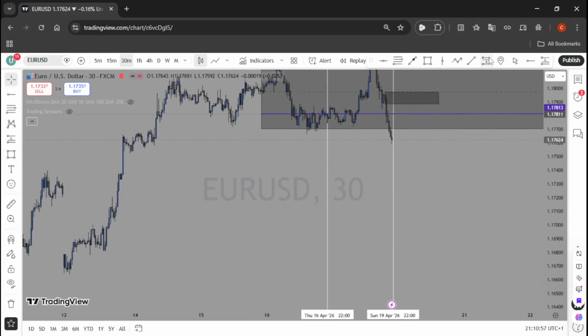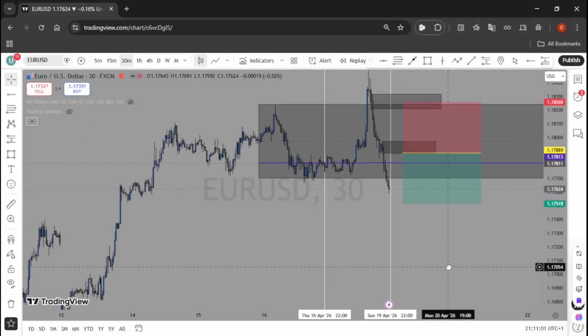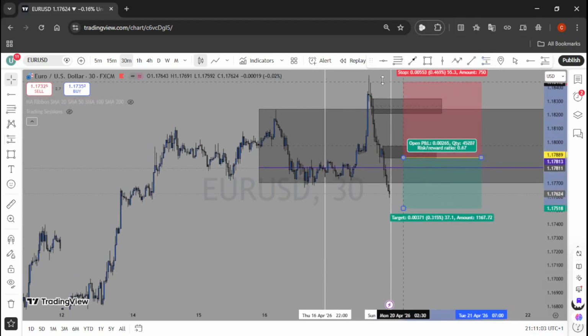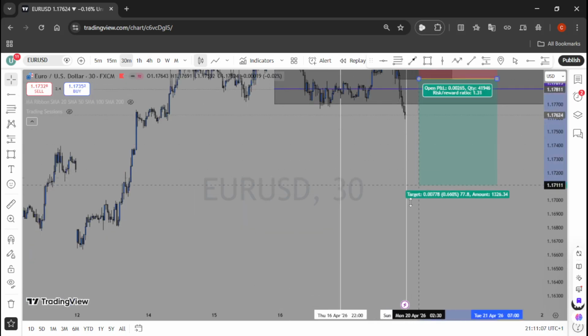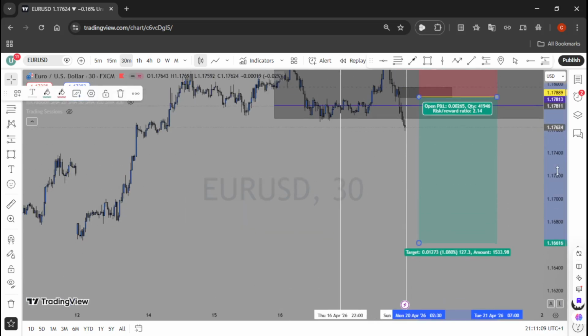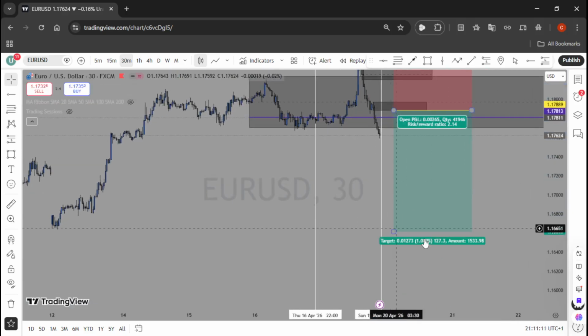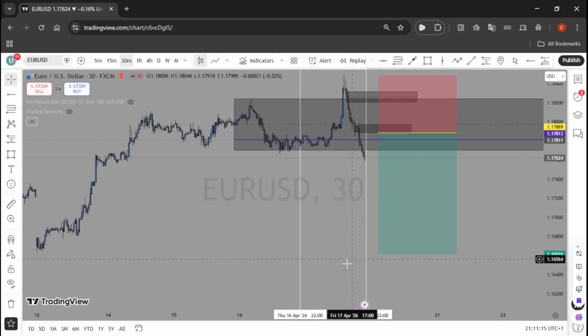But I need price to retrace back into this area, and I have my stop loss here. I'll be looking to take profits right about here, which is a 1:2.14 risk to reward ratio. It's not bad for a trade.